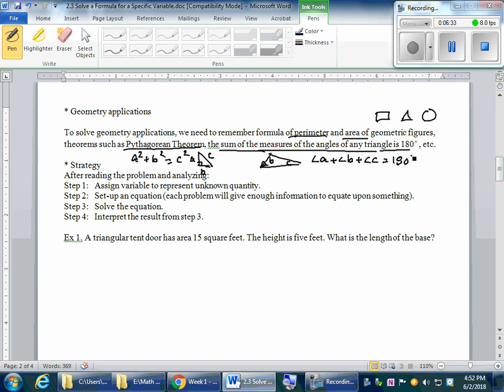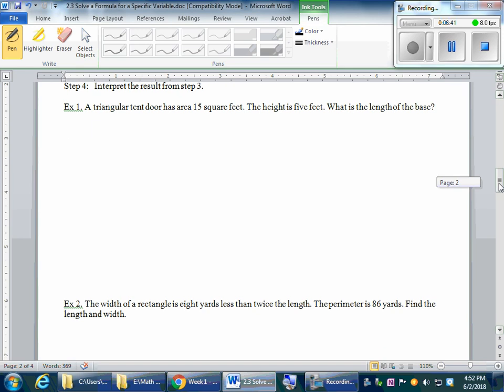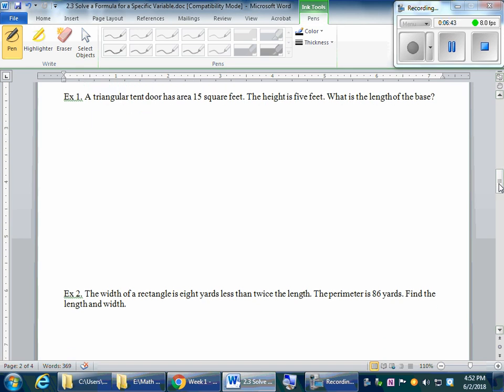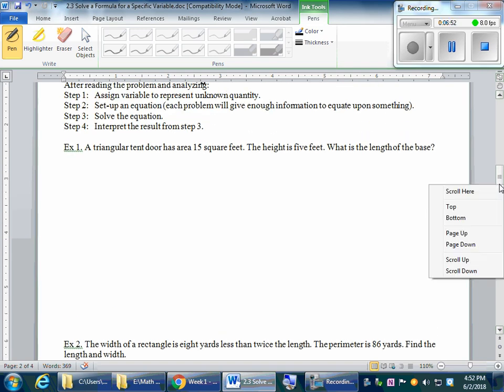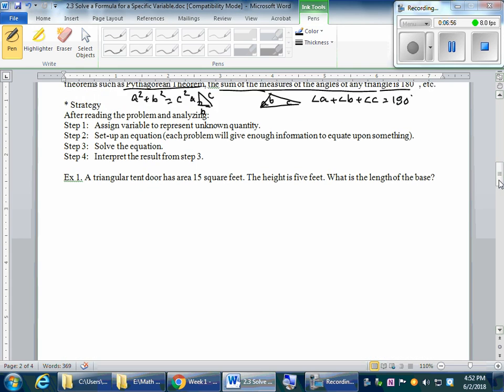And we will use the same strategy as in the previous session, which is the full step format, to do the problems. So let's start with example 1 on this type of problem. A triangle door has an area of 15 square feet. The height is 5 feet.